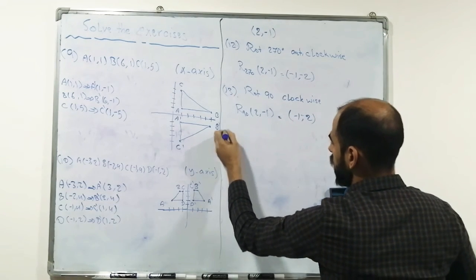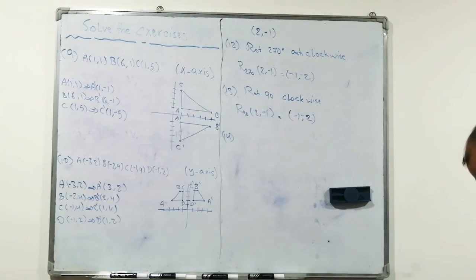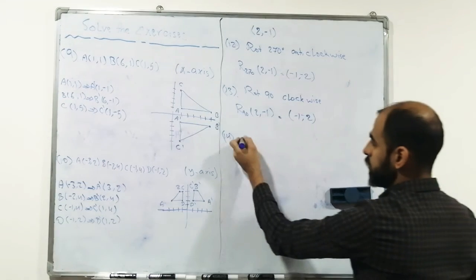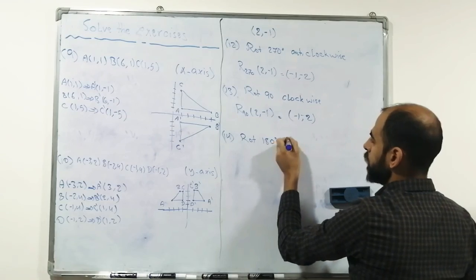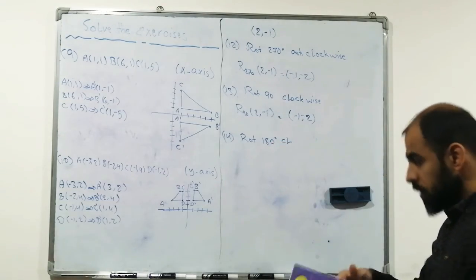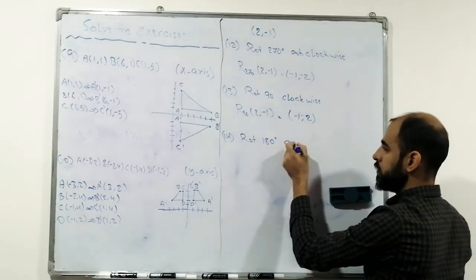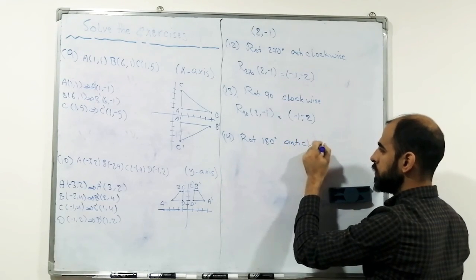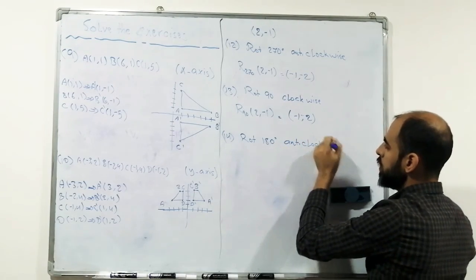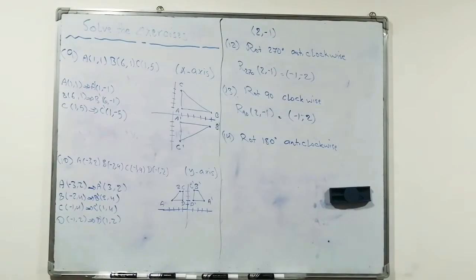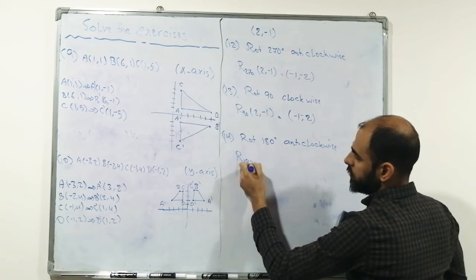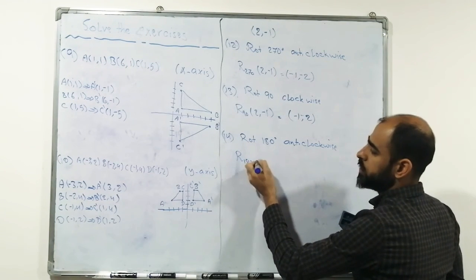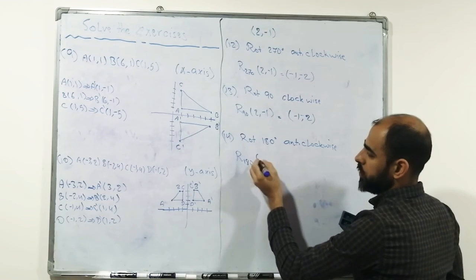Now 14: we have to find the rotation of the point 180 degrees clockwise or anti-clockwise. Since the rotation 180 clockwise or anti-clockwise has the same rule, R represents rotation and 180 the rotation degree.